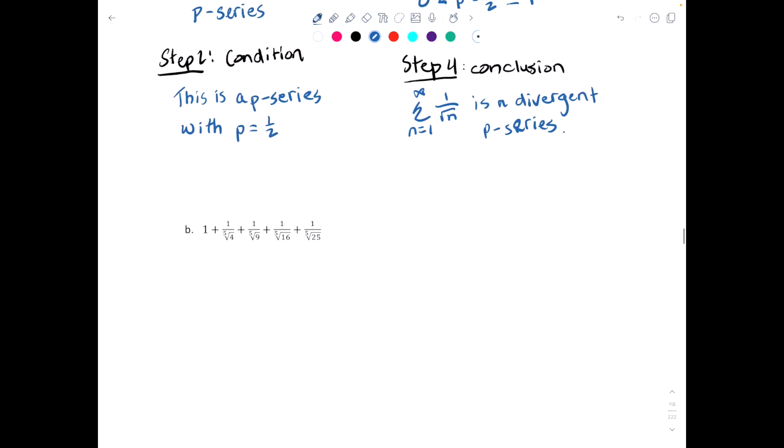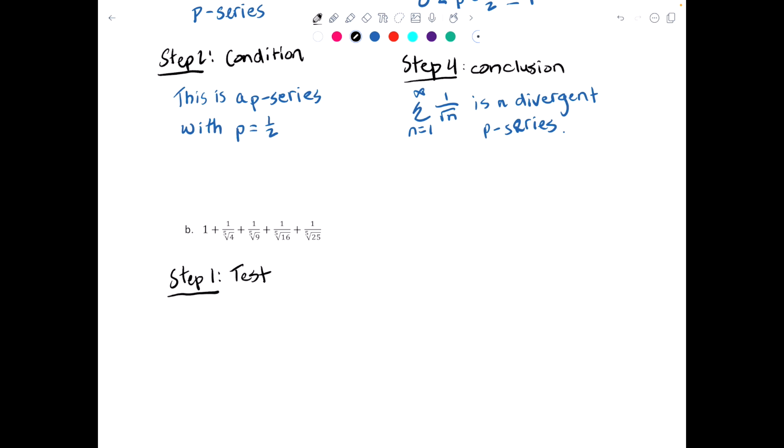Okay, so now let's take a look at this next one. All right? So, step 1, test.